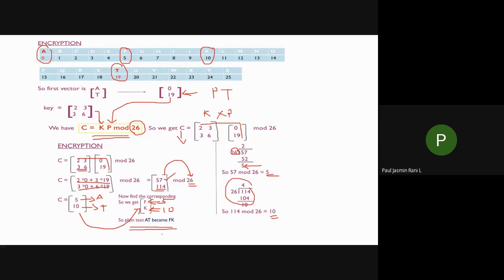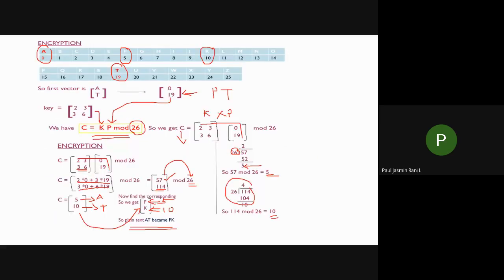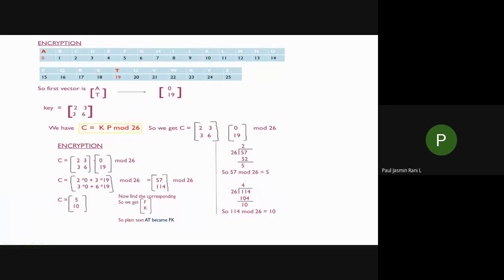This is how you have to do it for the rest of your ciphertext. Try to do it for TA and CK and find out the ciphertext for those two. Once again, you are going to multiply your key with your plain text.